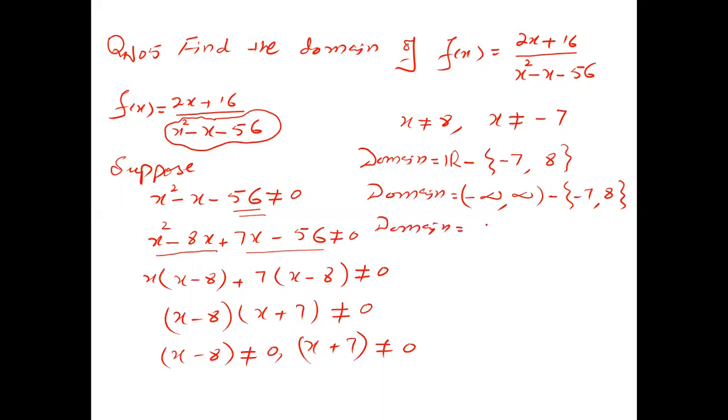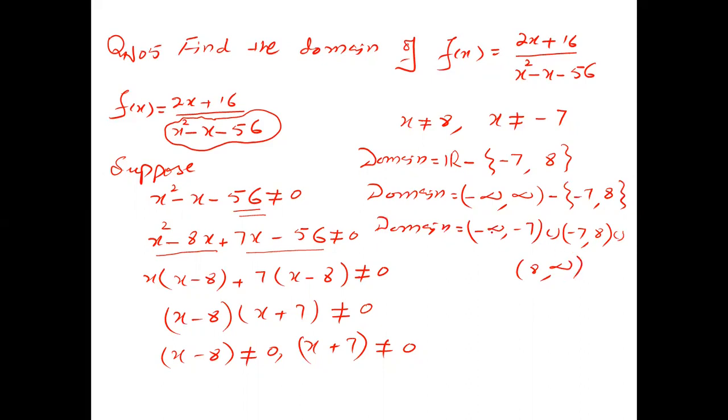Domain equal, this is the critical point method. So boys, we have to write round brackets, minus infinity to minus 7, union, minus 7 to 8, union 8 to infinity.